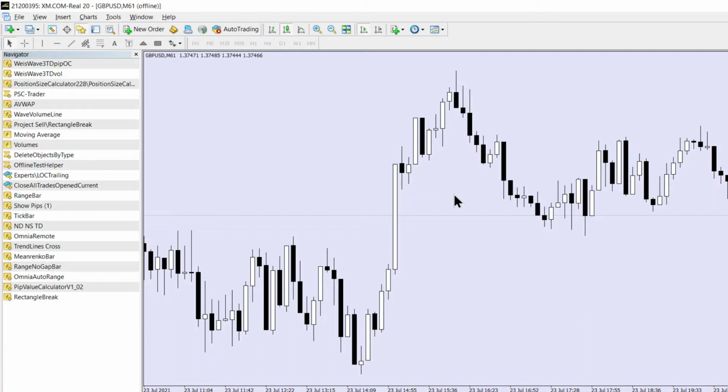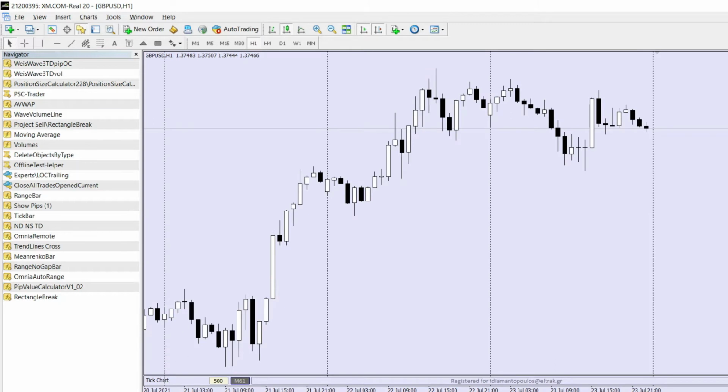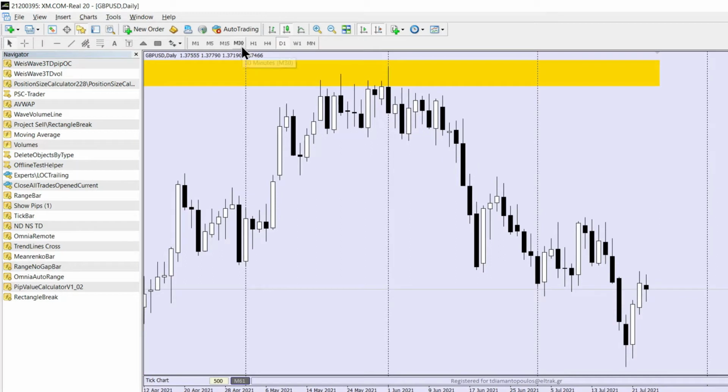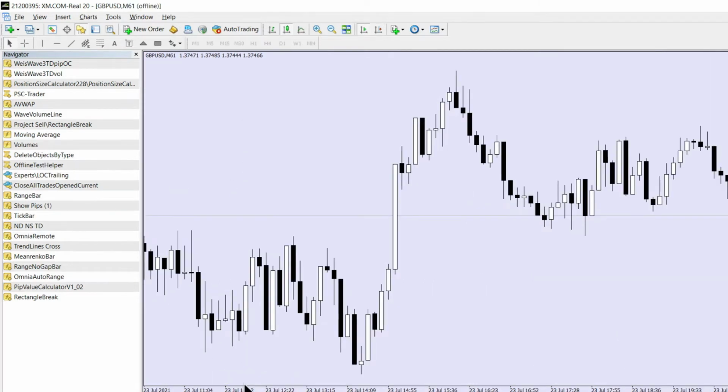So what the indicator has done from this chart, wherever we are, is go to the 1 minute chart and create the tick chart with 500 ticks per bar. So if we go to the tick chart again, each bar is 500 ticks. And how do I know that?